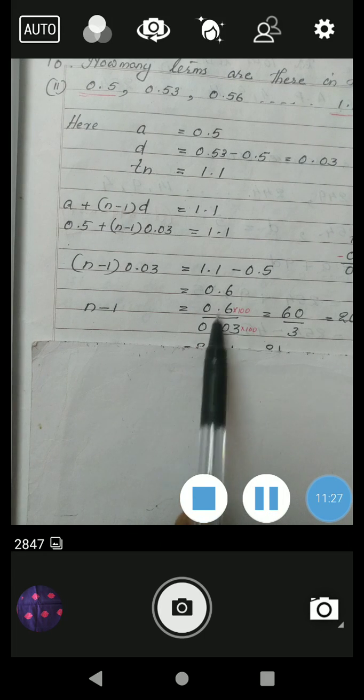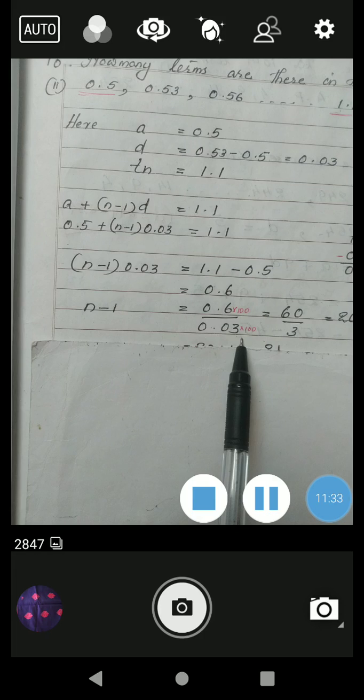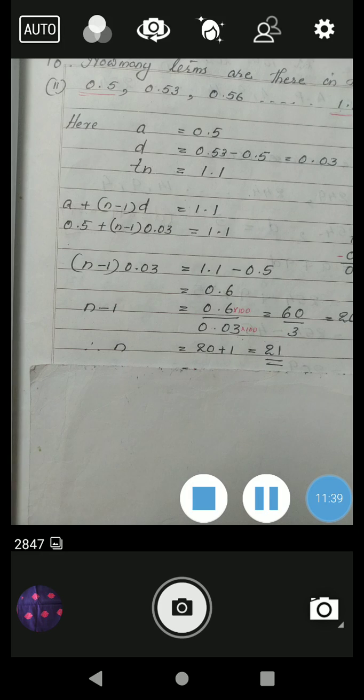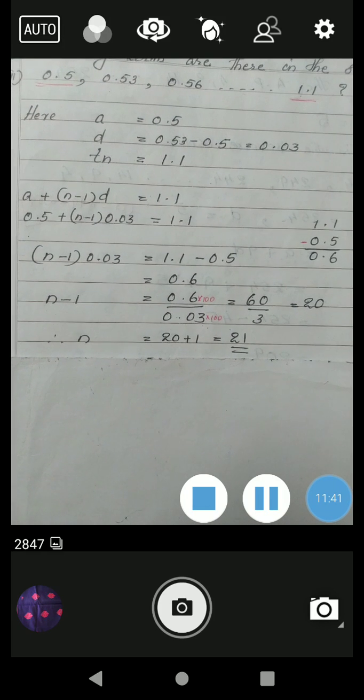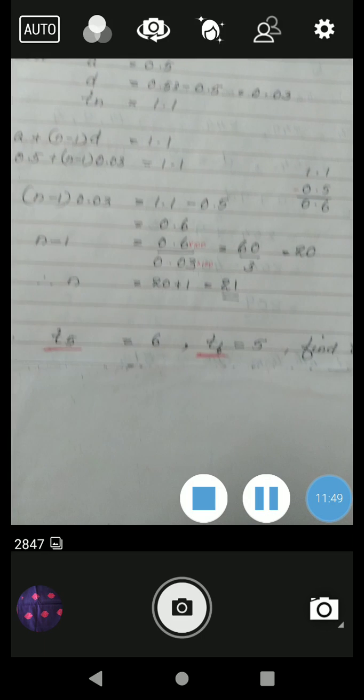Remove this decimal point by multiplying numerator and denominator by 100. It becomes 60 by 3. N minus 1 is 20. Transpose 1 to the other side. Therefore, n is equal to 21. So, number of terms is 21.